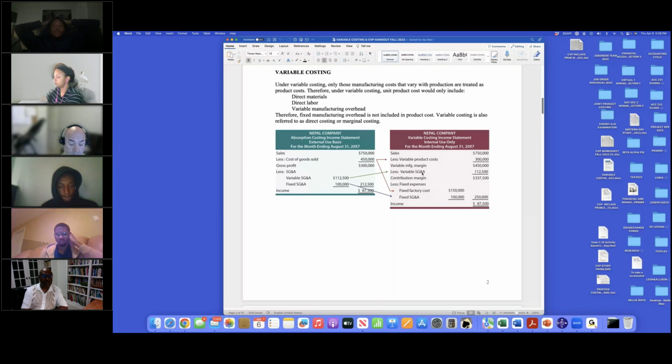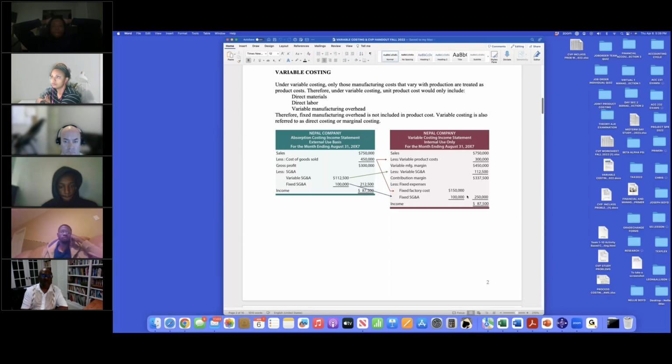So we get a contribution margin with the variable product cost and the variable selling and administrative expenses. Then we have the fixed costs, which is typically manufacturing overhead. Most of that's fixed, and a lot of our selling and administrative expenses are fixed.